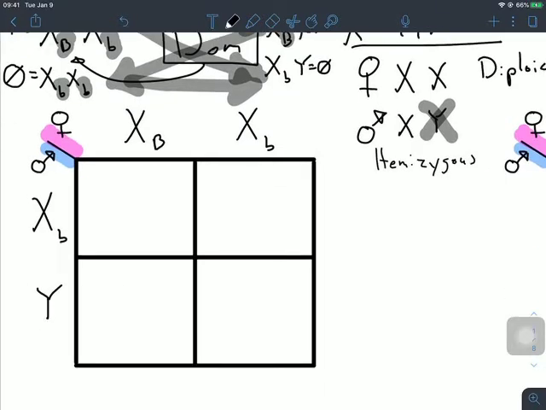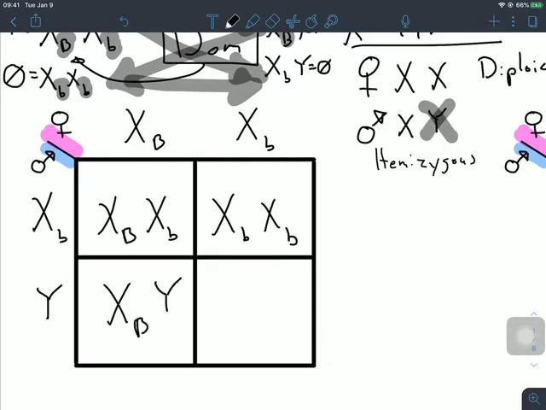What progeny can these two make? Well, one of them will be a female that is affected. One of them is a female that will be unaffected. One of them will be a male that is affected. And the other will be a male that is unaffected.